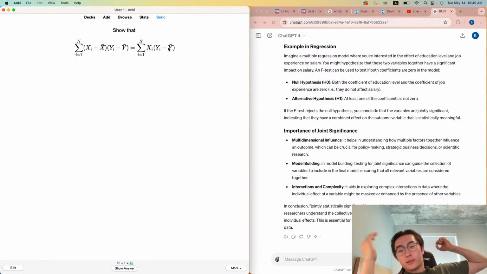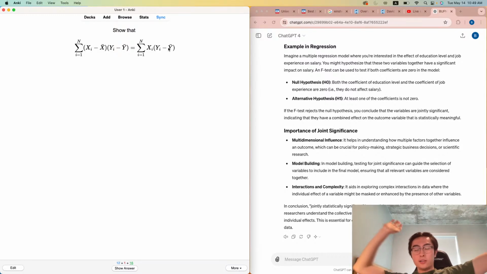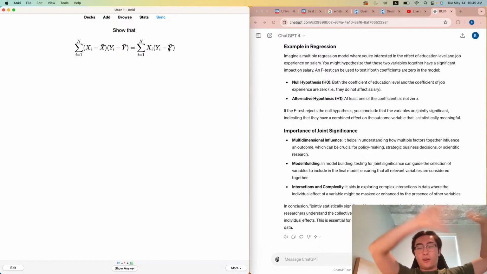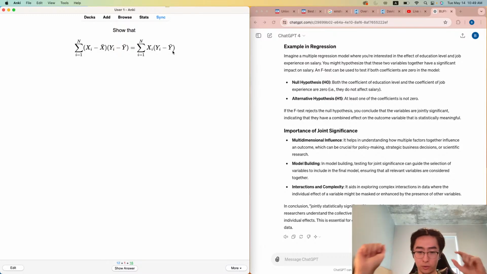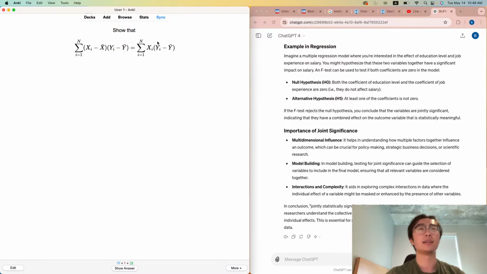If you remember how the sample mean is calculated, you take all of the y's, sum all of them together to get a single value, and divide it by the number of examples. That's exactly what we're doing here, but in reverse. We're multiplying the sample mean by n, so we're just left with the sum of all the y's. In that case, this cancels out, so it's just left with 0. So we're left with this left term here, xi times yi minus y bar.